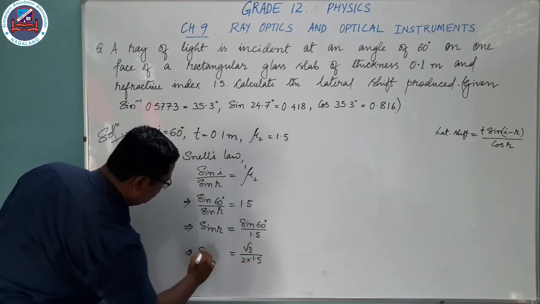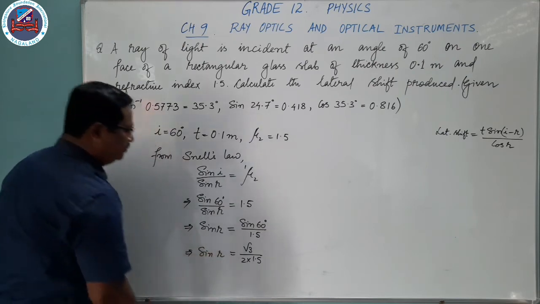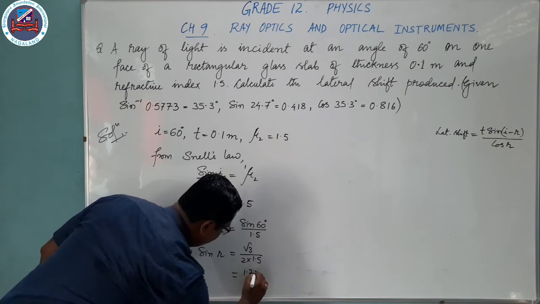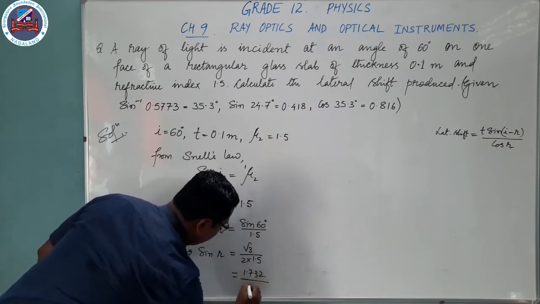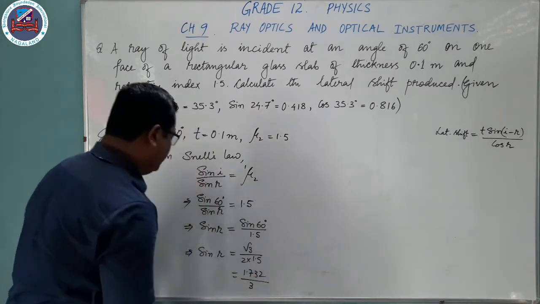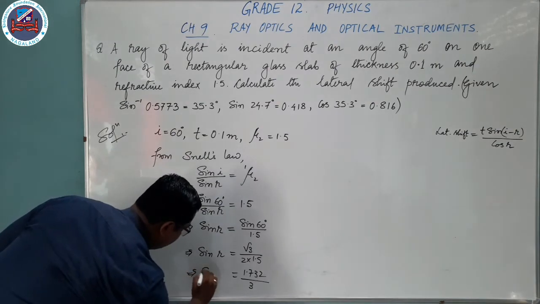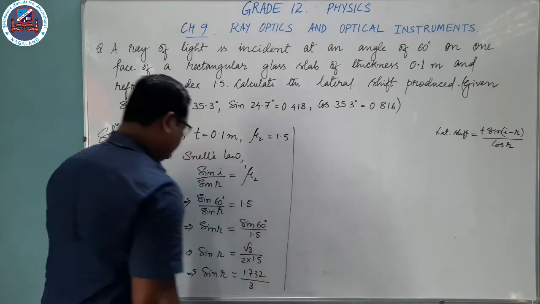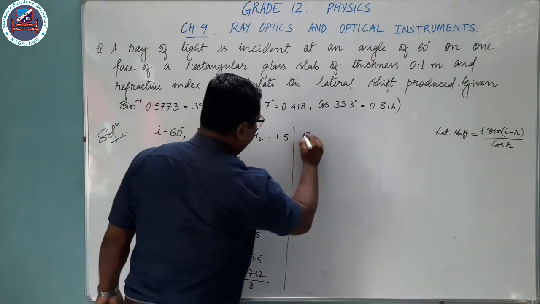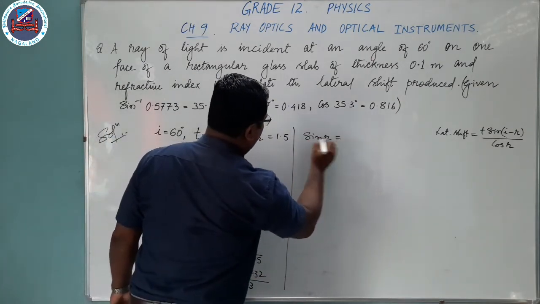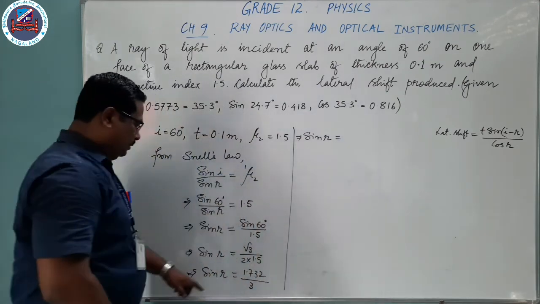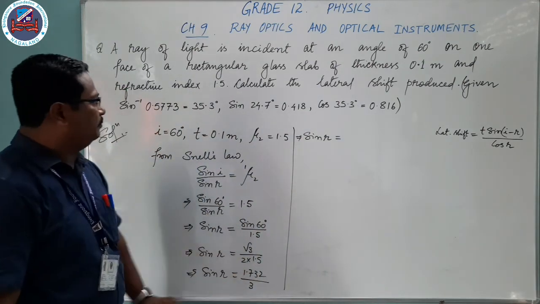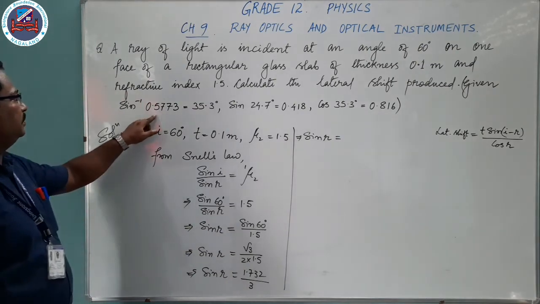This will give us sin R. Now the value of root 3 is 1.732 divided by 3, you will get sin R. Then I'll continue this side. Sin R is equal to, if you divide it, 3 fives are 15, so 0.5 will come first. You can see here this value will come out.